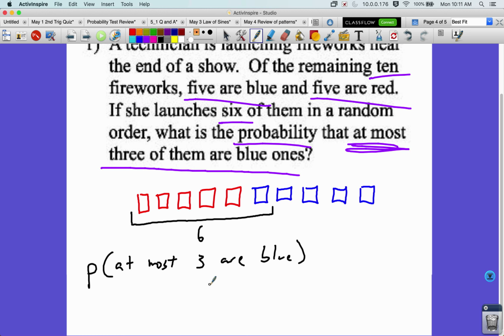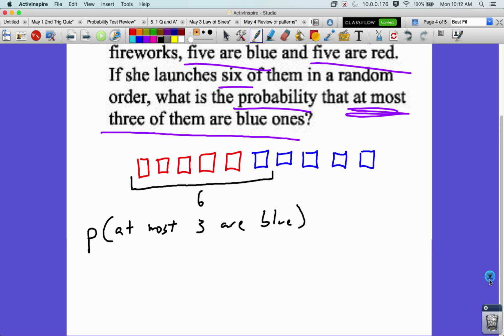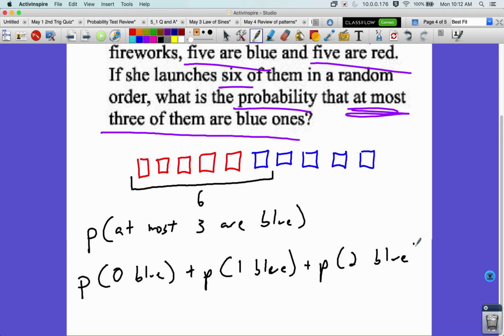So let's split up this probability. This is kind of hard to handle because with 5 blue rockets, we could shoot off 0 blues, 1 blue, 2 blues, 3 blues, 4 blues, 5 blues. So we kind of have to solve these different probabilities differently. In how many different probabilities are at most 3 blue? This would be the probability that 0 are blue, plus the probability that 1 is blue, plus the probability that 2 are blue, plus the probability that 3 are blue.